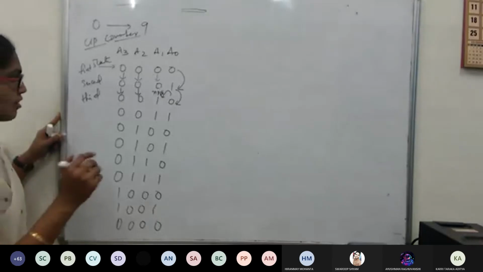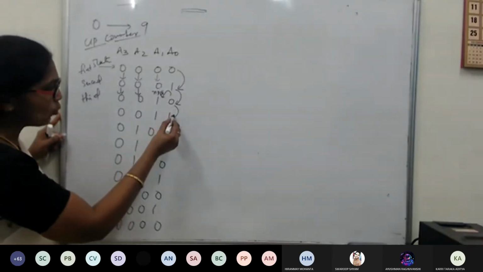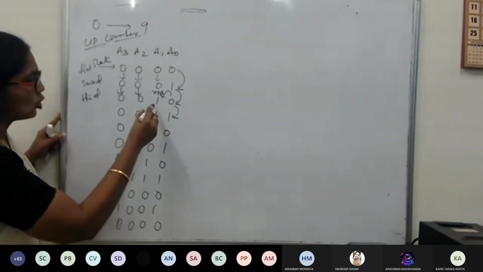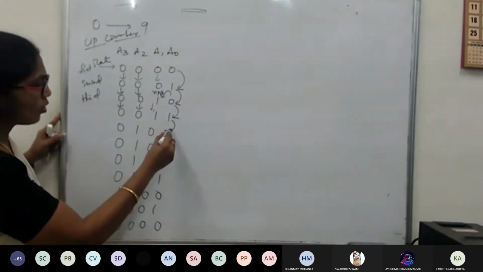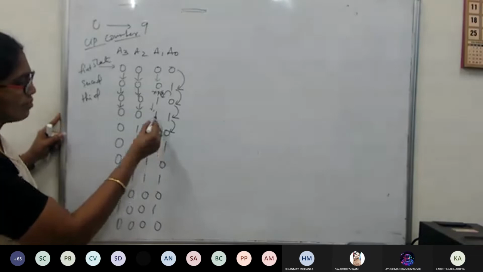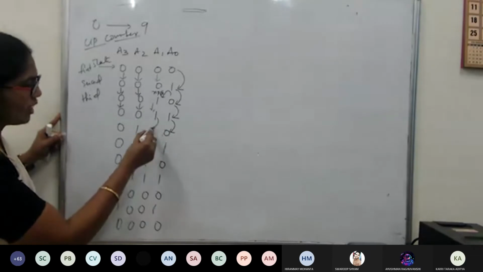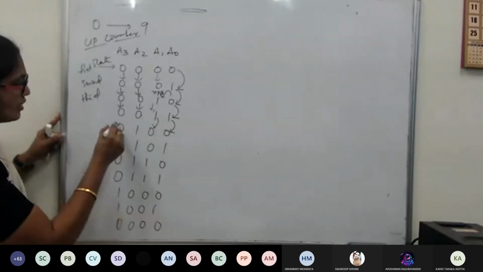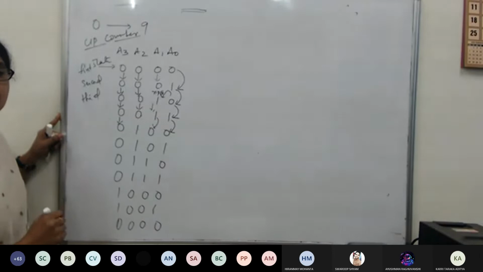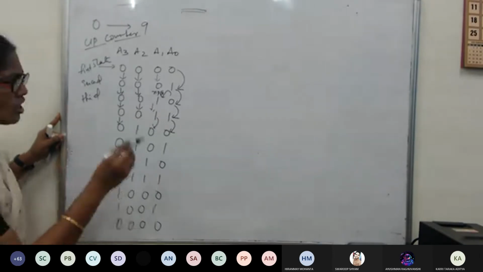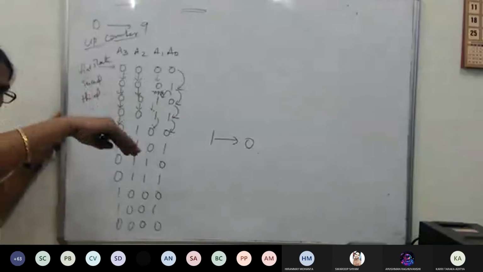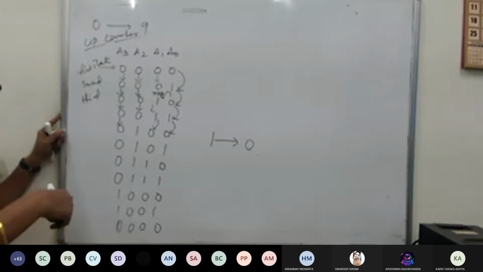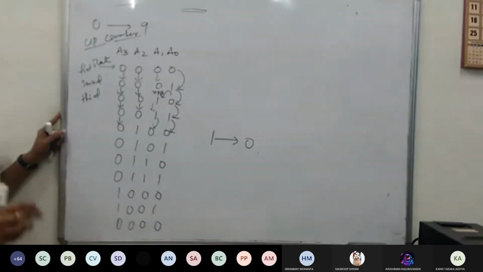Again, 0 to 1. No change here, no change here, no change here. 1 to 0, a ripple came. It changed 1 to 0, a ripple came, 0 to 1. Then this is as it is. So what is my observation? Whenever there is a change from 1 to 0 from the previous state, the next bit of the present state is getting a ripple, like it is also getting changed.